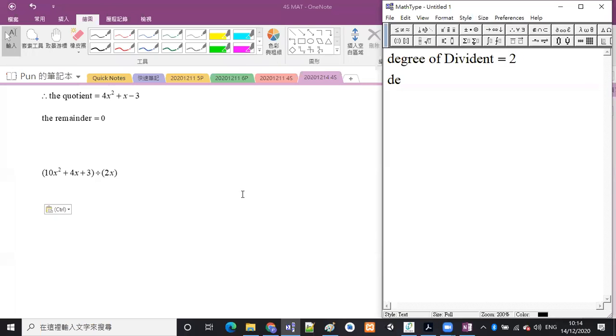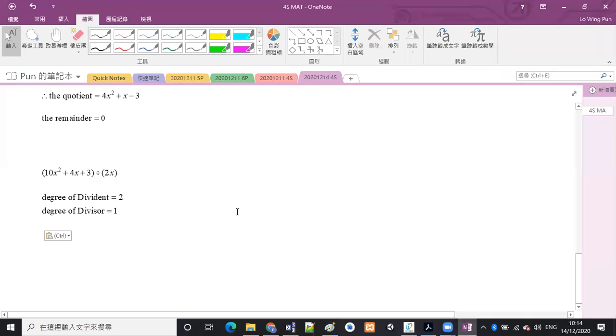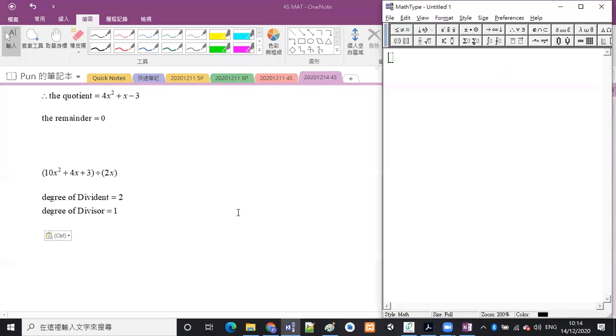And then degree of divisor is equal to 1, 2x. The highest power of x is 1 here, okay? So we know this, it's given. Then the degree of the quotient should be equal to 2 minus 1, okay? Degree of dividend minus degree of divisor, okay? So that should be equal to 1.